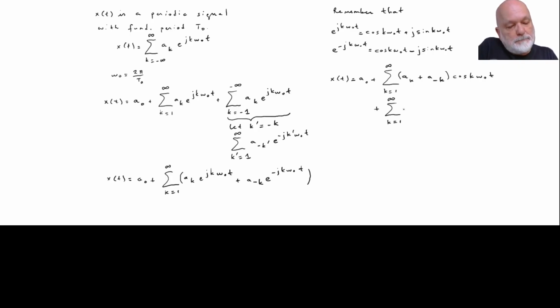So it is j times ak minus a minus k, multiplied by sine k omega 0 t. Okay? So we have expressed x of t, now the periodic signal x of t, in terms of a superposition of cosine and sine signals.